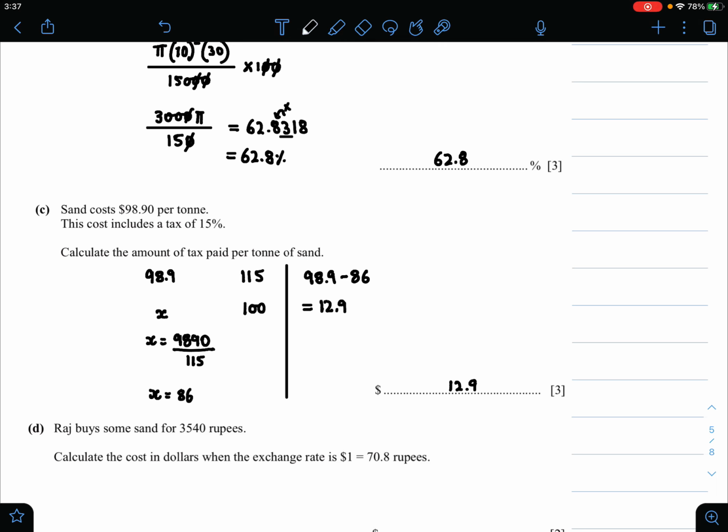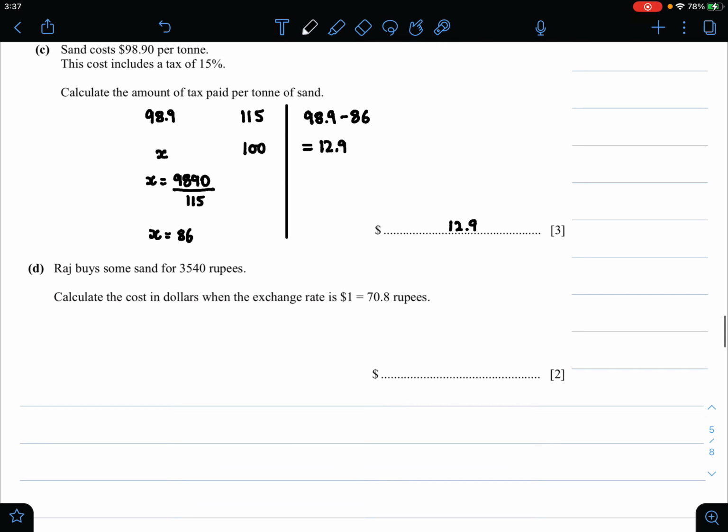Now let's move to part D of this question. So for part D, they are telling us that Raj buys sand for 3,540 rupees, and they are asking us to calculate the cost in dollars when the exchange rate is $1 to 70.8 rupees. So if $1 is to 70.8 rupees, 3540 rupees will be to X dollars. So now we can simply again cross multiply.